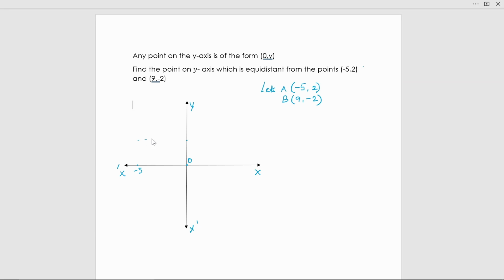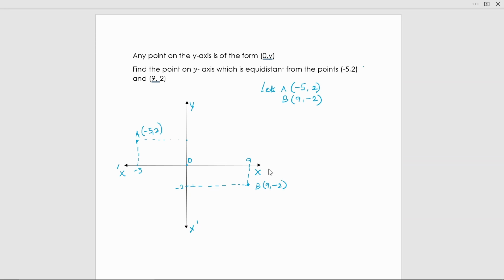If we make a dot over here, this gives me point A, which is minus 5 and 2. Similarly, to locate point B, it will be plus 9, say 9 is over here, and it will be minus 2. Where they meet will be my point B, which is given by 9 and minus 2.